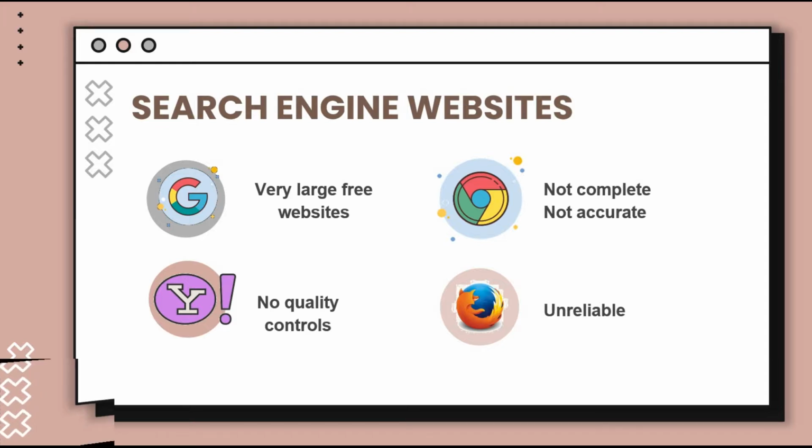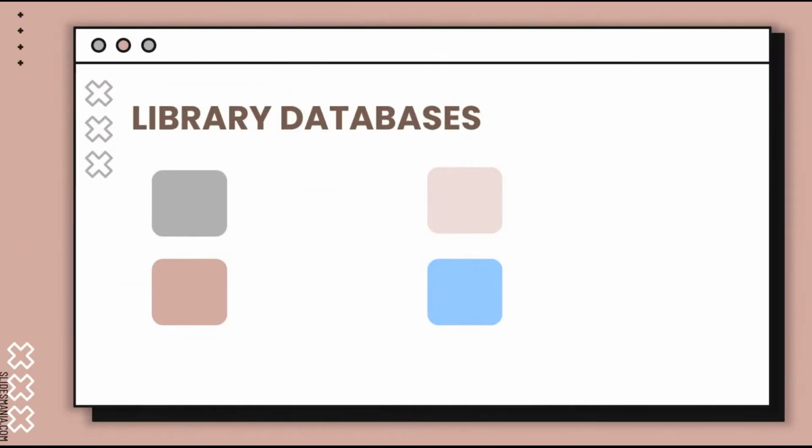Why should you use a library database? It is a searchable collection of research made up of rich descriptive records, research that has been reviewed for accuracy, and our library subscribes to this for you. How is a library database different from a website search engine?